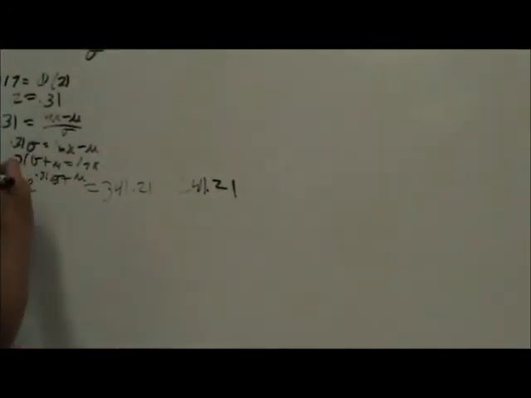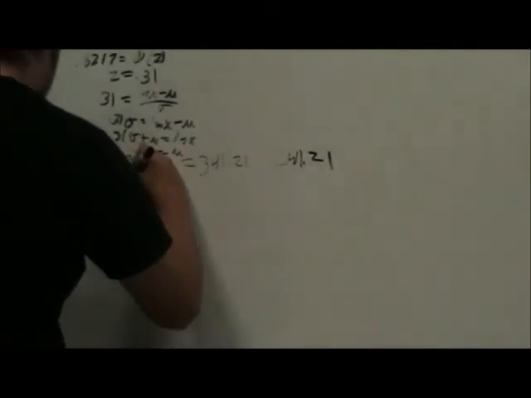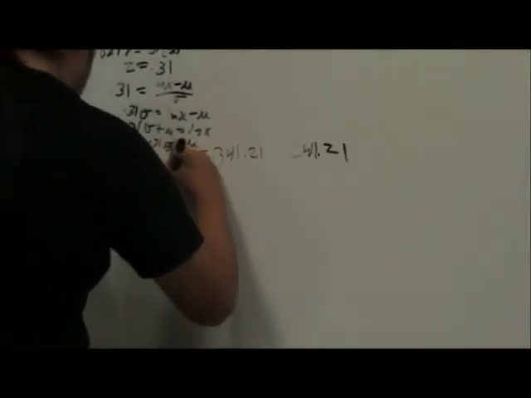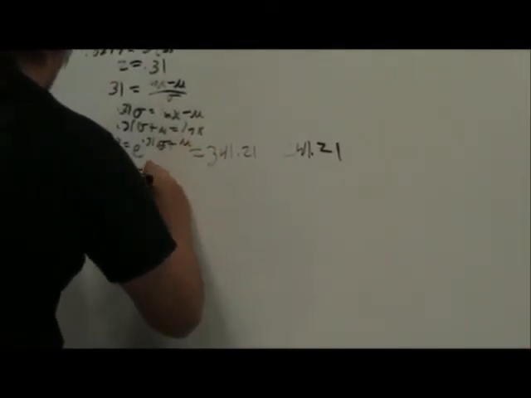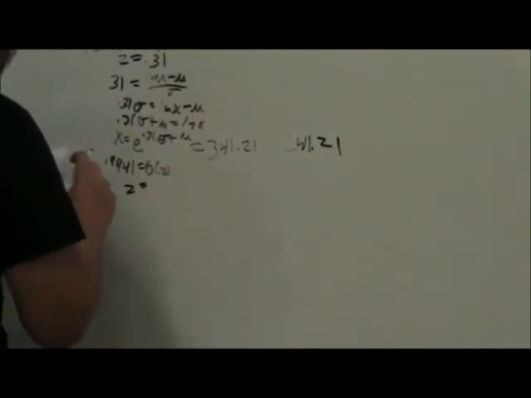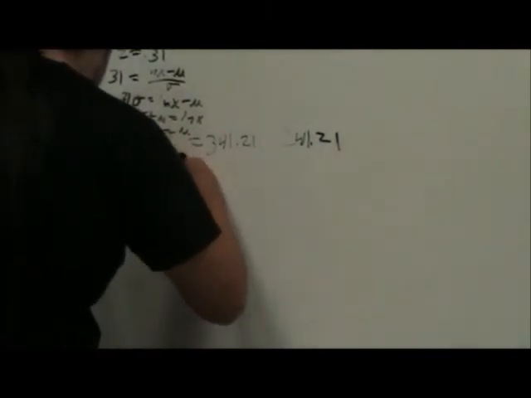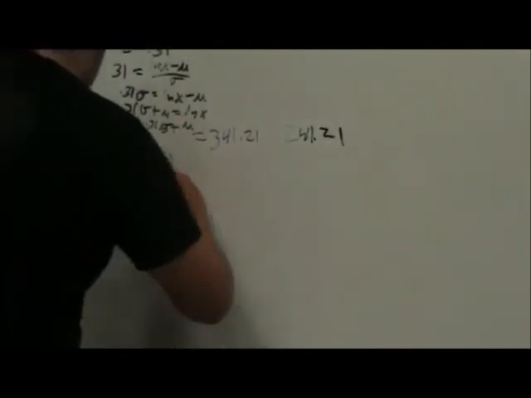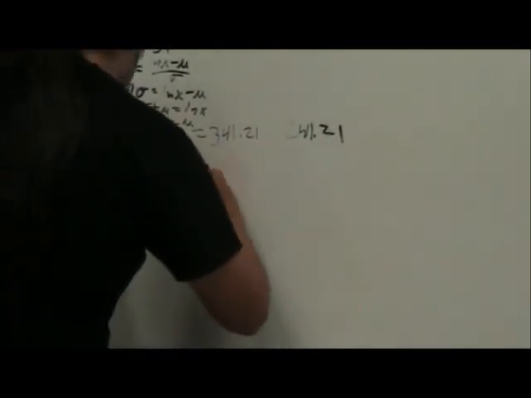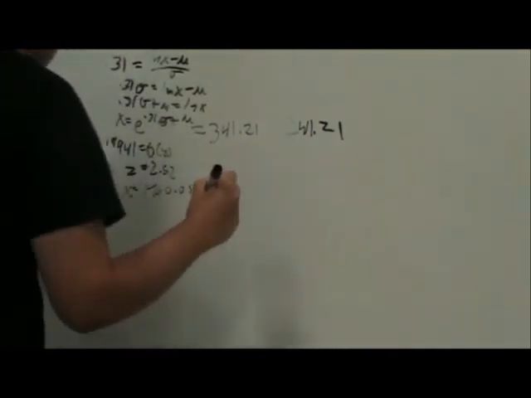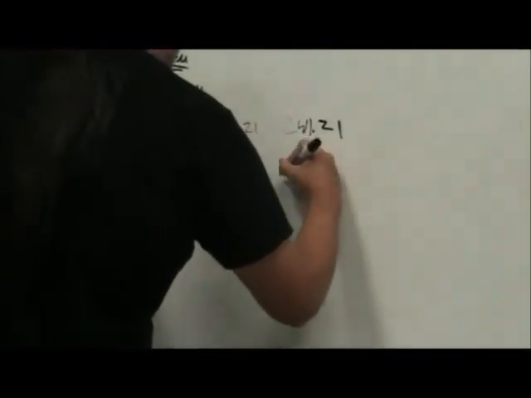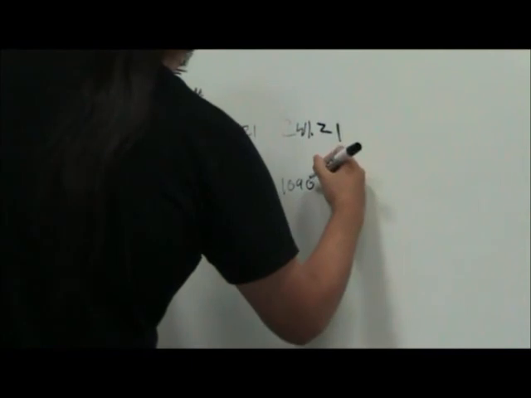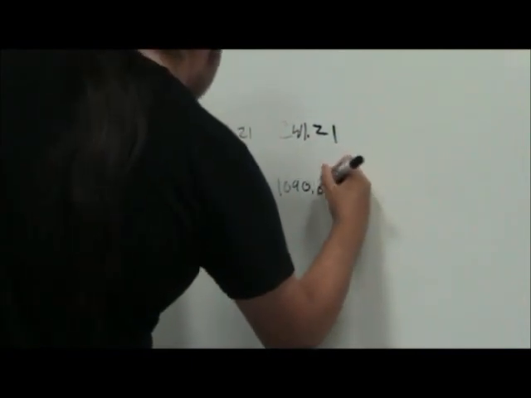And now for u equal to 0.9941, you get a z value of 2.52, and you get x equal to 1,790.05, and you get a payment of 1,690.05.